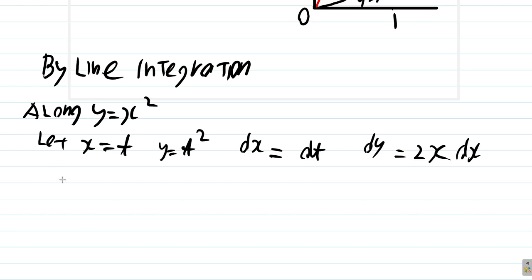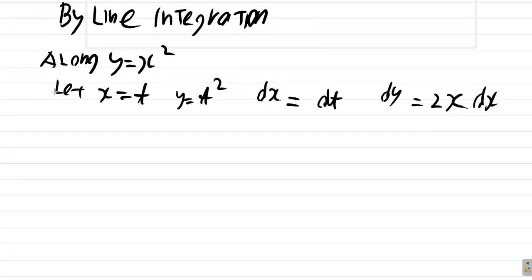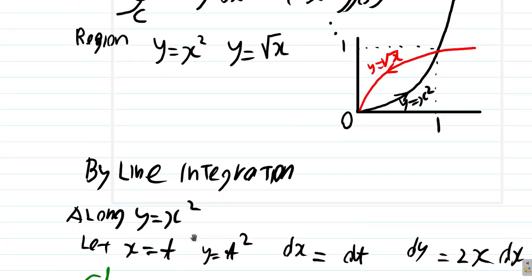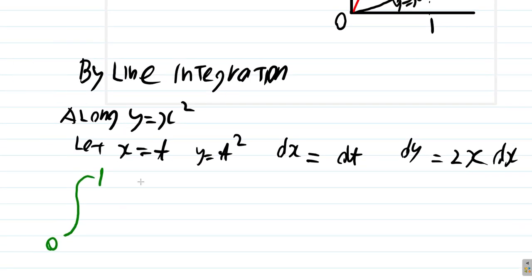Alright, so here, in this case, what we're doing is integrating from 0 to 1. So we have the integral from 0 to 1 of what now? x times y.